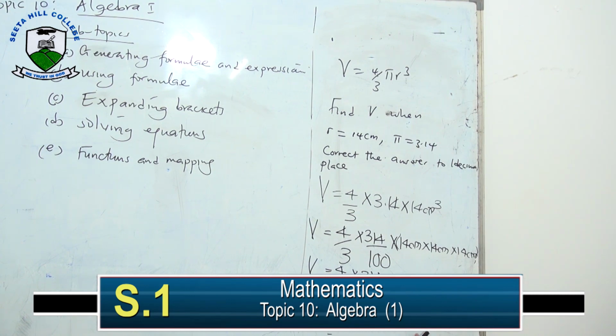When you multiply here, what do you get? 3,446,464 centimeters cubed out of that.